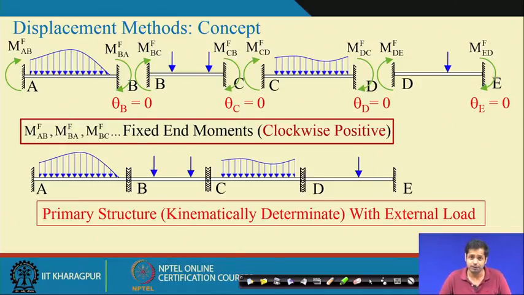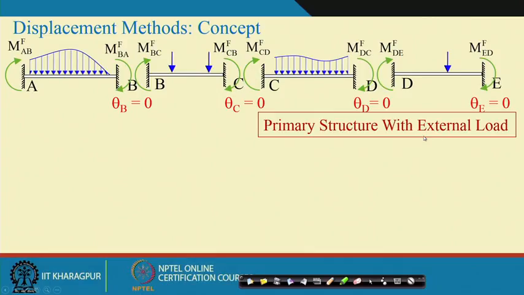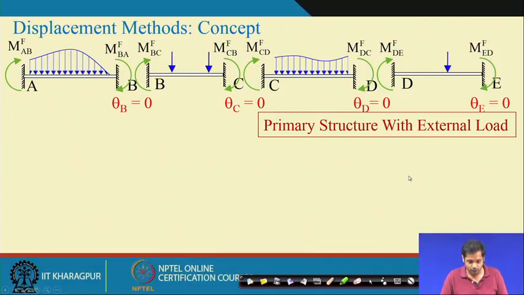Something positive for you may be negative for me, but whatever I define, I should be consistent with that definition. Similarly, whatever sign convention you take is your choice, but you have to be consistent with it. Great. Now, this is the primary structure with external load.